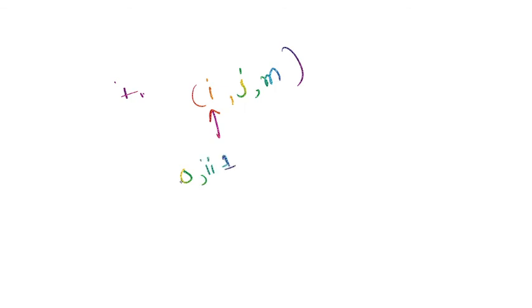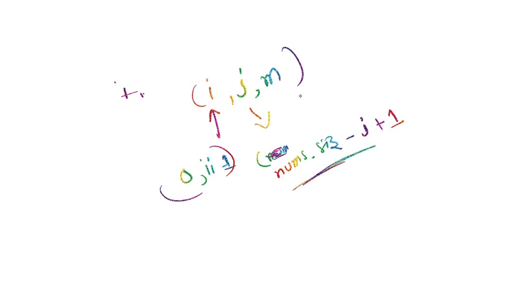Similarly, j is denoting we have already used elements from the last, that will be nums dot size minus j plus 1, since it's the 0th index. And m denotes we have already surpassed m minus 1 multi.